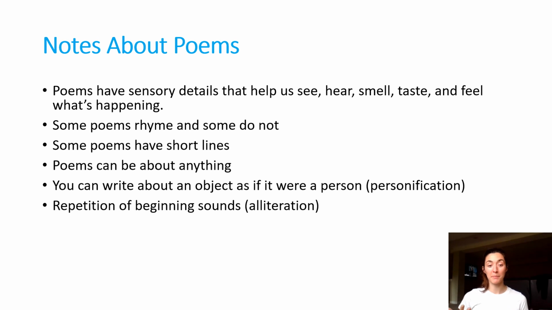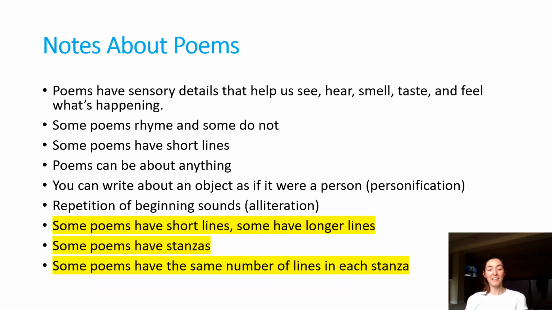And we've talked about repetition of beginning sounds, or alliteration, like having every letter of the lines start with the sound or the t sound, right? The things that we're going to add today are that some poems have short lines and some have longer lines, right? So they're not just short or just long. Some poems are broken into stanzas, and some poems have the same number of lines in each stanza, right? But not all of them.